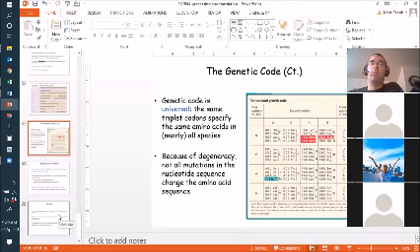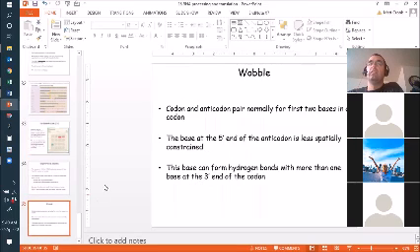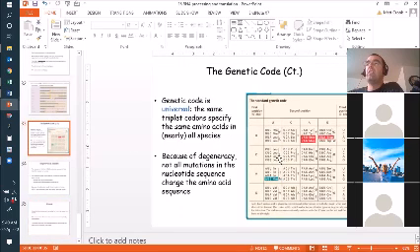And then there's a little bit about wobble, which is basically that some tRNAs can come in and bind even if their last letter doesn't quite match. The reason for that is that the first 2 letters are really the most important ones. Doesn't always apply, because obviously you wouldn't want that happening with tRNAs for serine or arginine, because you'd end up with the wrong amino acid in there. But for some of them you can.